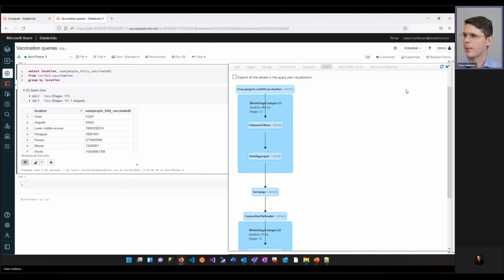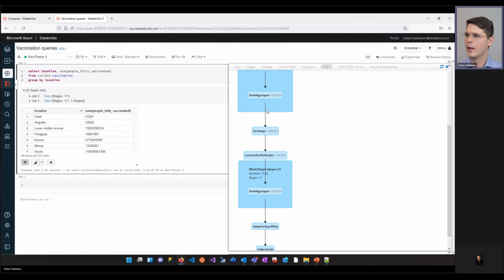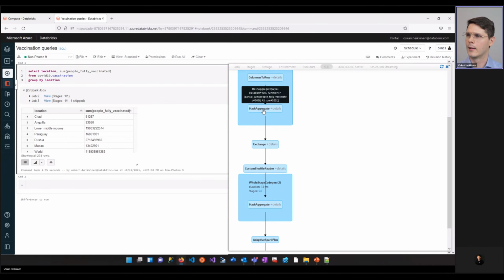And what is happening is, in the first phase, it's reading a Parquet file, then it's transforming it from columnar to row format for further processing. Then it's calculating the local aggregate, meaning the sum of the people fully vaccinated column over the location. Then it's doing a shuffle operation, meaning it's basically shuffling the data over the network.